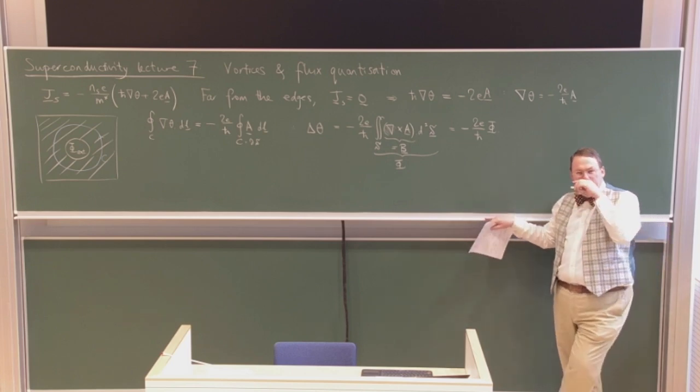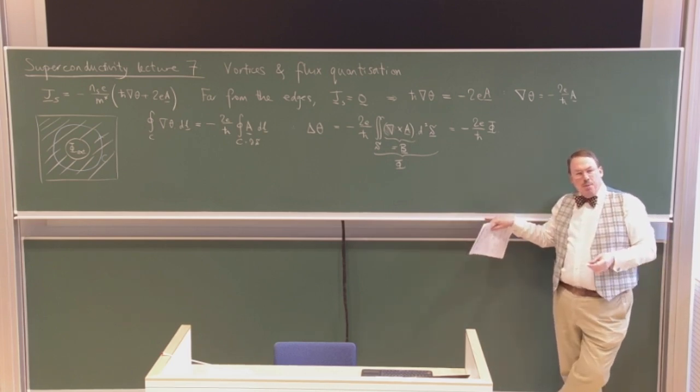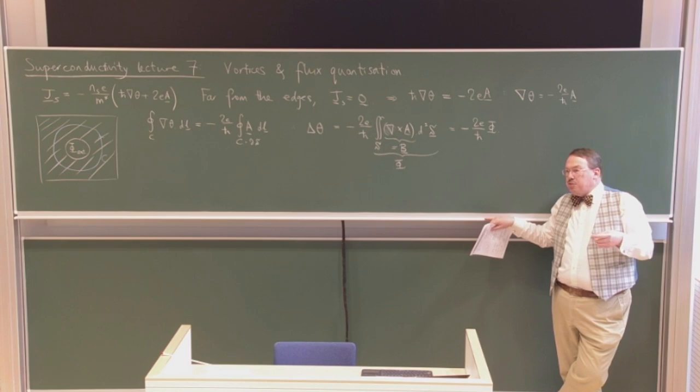But there's a problem, because suppose that phase change was 2 pi, and then I slightly increase the flux in the cavity. The phase change would then be 2 pi plus epsilon, but that means that the superconducting order parameter isn't single valued.